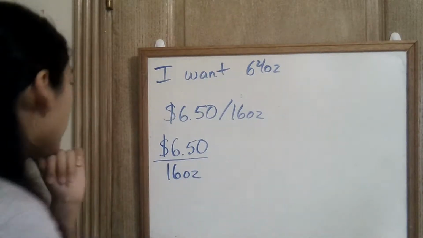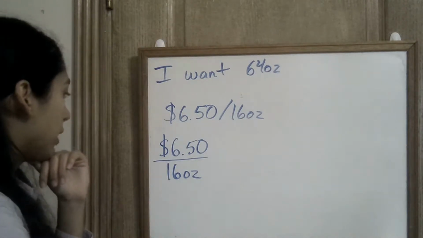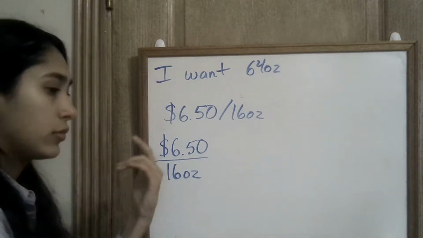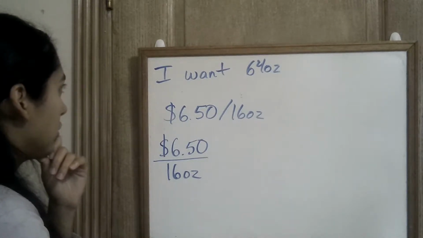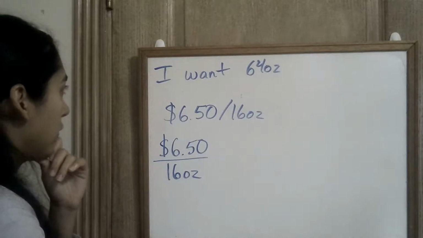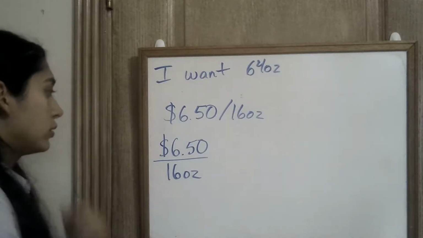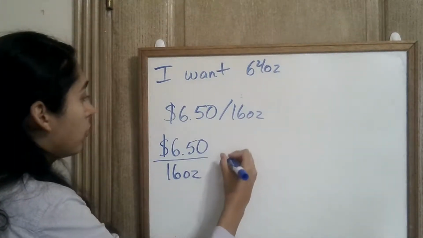All right, so we got $6.50 per 16 ounces. Okay. And I want to get to 64 ounces. So here, I could just go ahead and multiply.